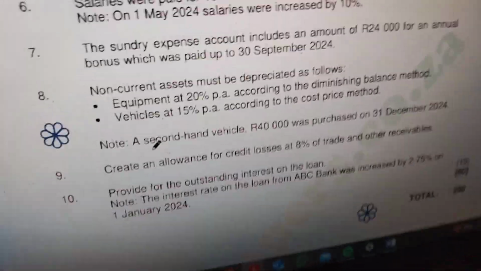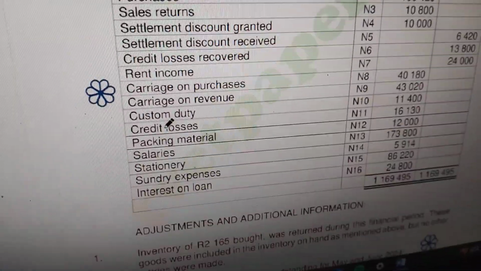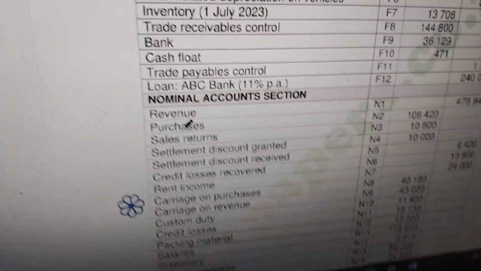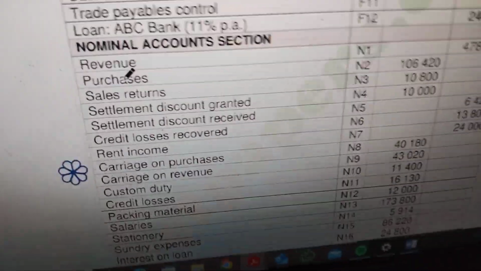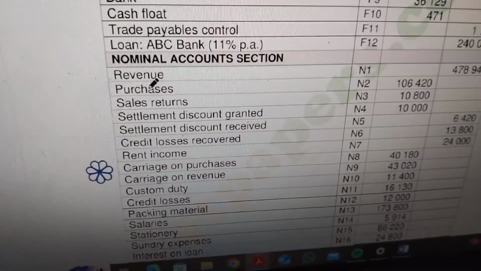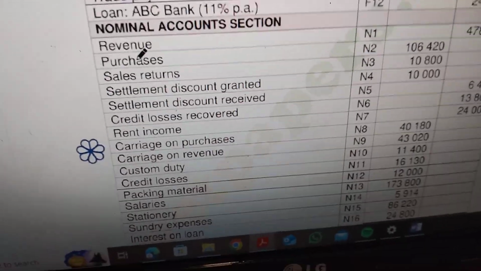So nonetheless, let's go to the revenue. We all know that we're going to start with our revenue. What is needed within the revenue? The revenue is also named as what? Sales or the turnover.